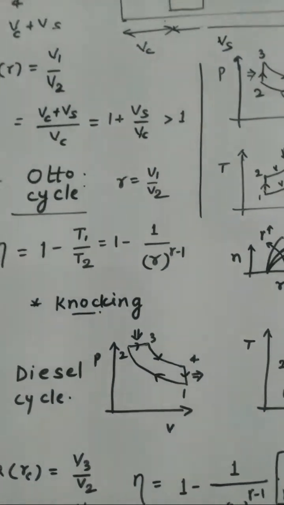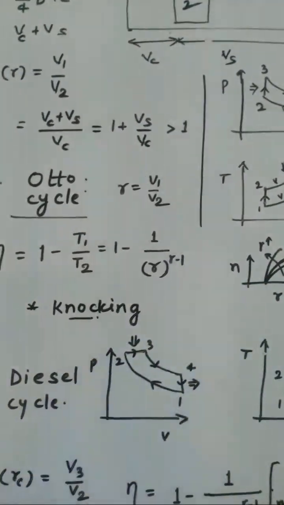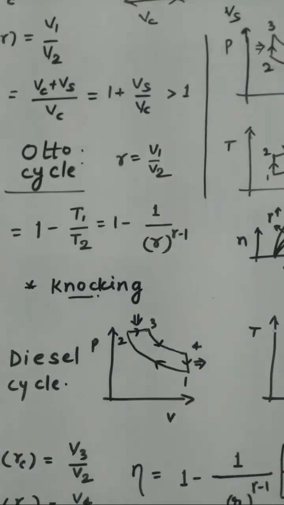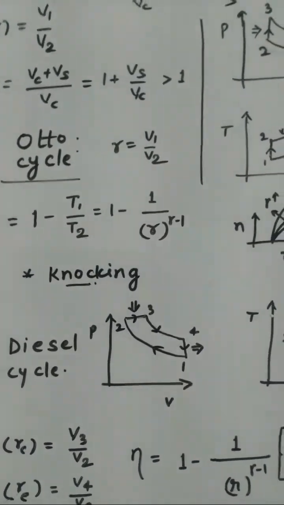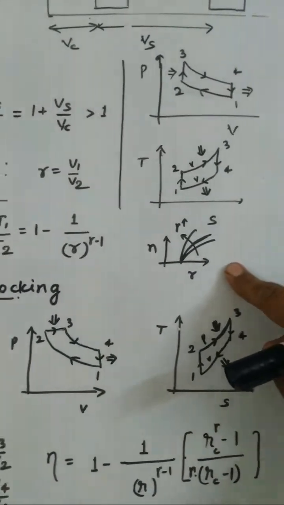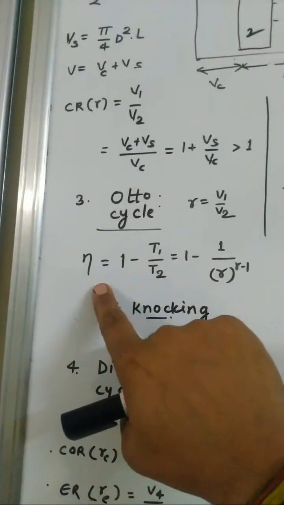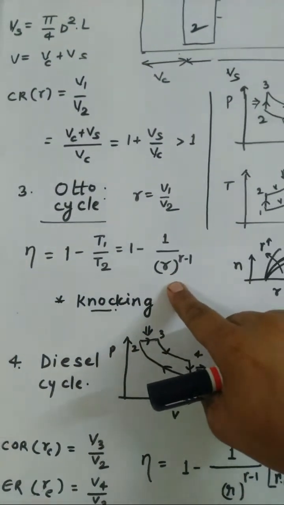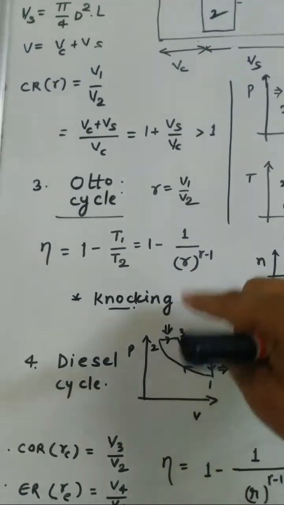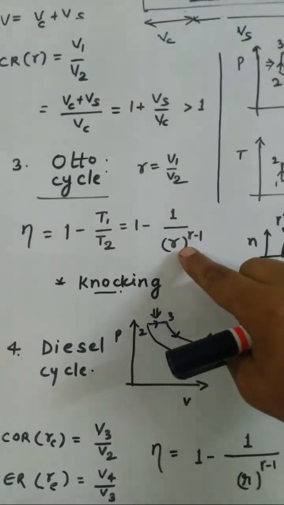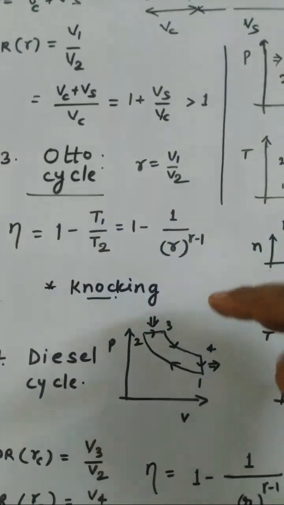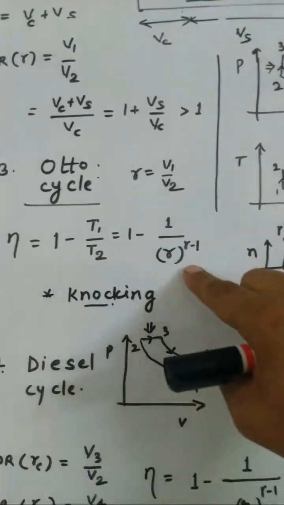One thing to remember is that gamma is not always 1.4. Gamma is 1.4 only if we are considering air. So this is something we mistake sometime, and this is for efficiency. So from its formula of efficiency we can clearly see that if this factor r, which is the compression ratio, will be more, the efficiency will be more, because if this compression ratio will be more, this whole term will go down, will be less, and 1 minus something less.